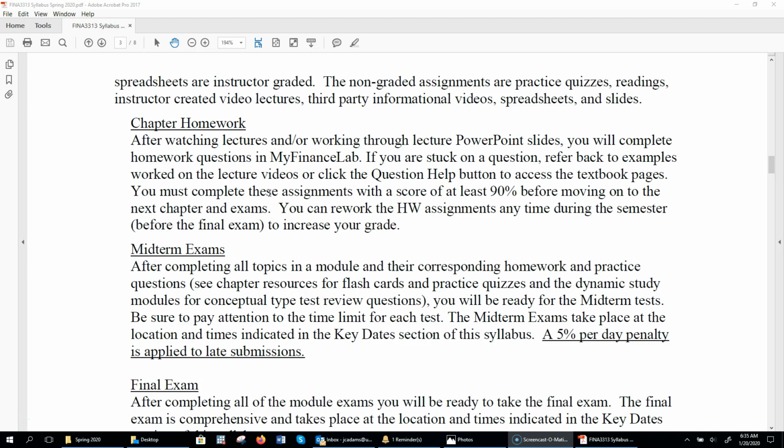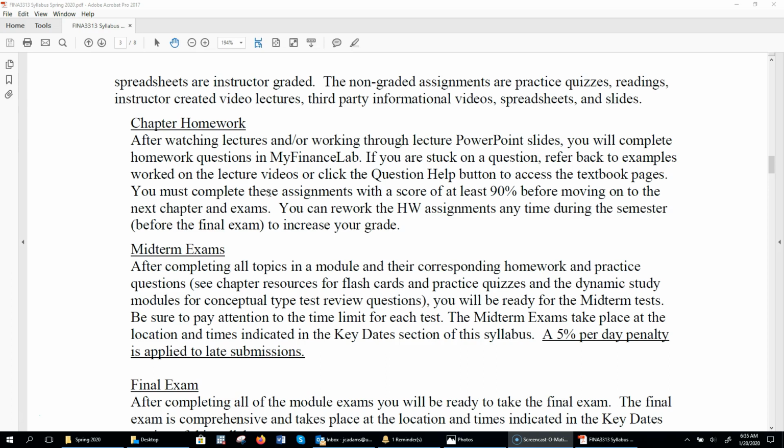You have to score at least 90% before moving on to the next chapter in homework. So, for example, you have to score 90% on homework 1 before you can complete homework 2, and you have to have a 90% on all the homeworks for each module before you can move on to taking the exam. So if you haven't completed the homework, you're not going to be able to take the exam.